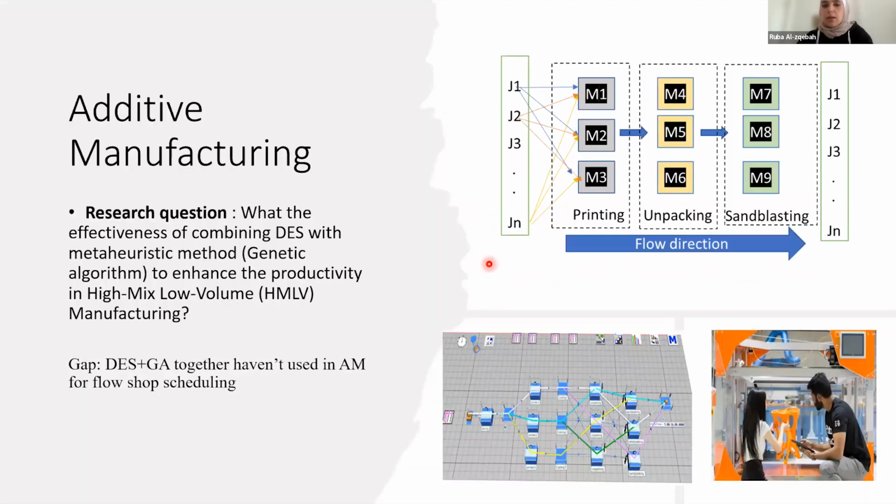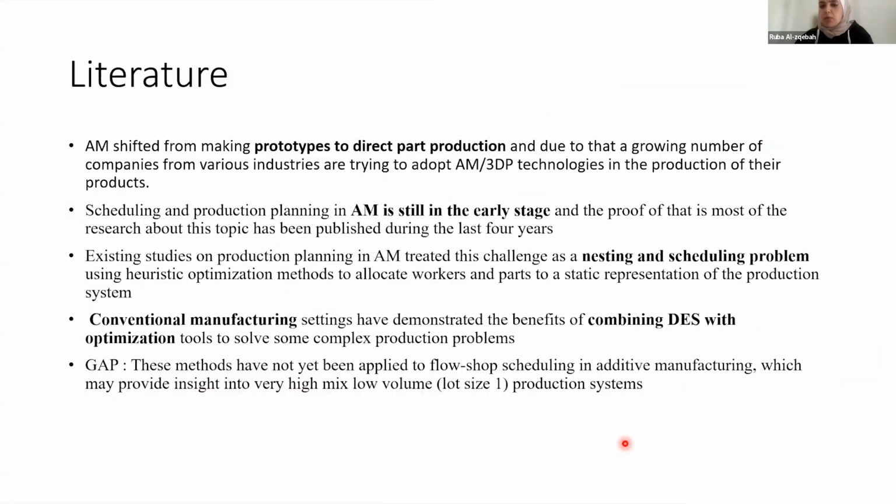This graph represents a case where we have multiple printers, multiple unpacking stations, and multiple sandblasting processes, in the process of a powder bed fusion printer. If we print, how do we assign the jobs to the machines in order to minimize the makespan, the total production time? So we built a simulation model and combined it with a genetic algorithm.